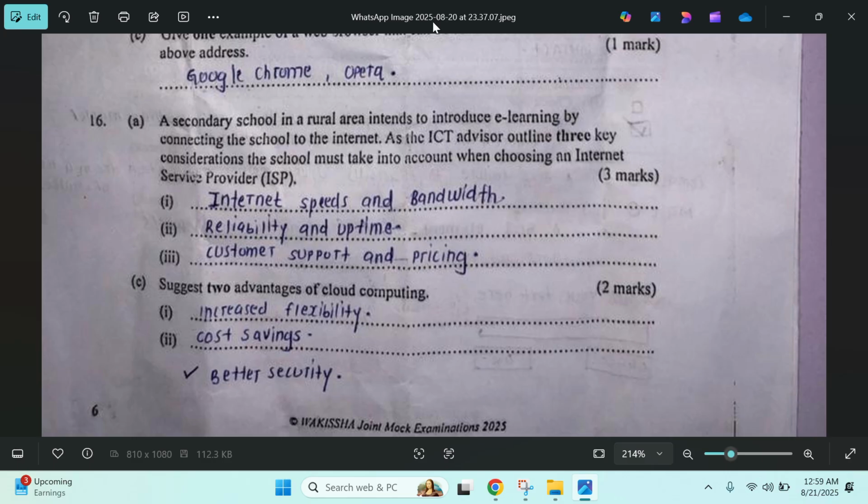In other words, the question wanted learners to give some of the factors you consider when choosing an internet service provider. An internet service provider is just a company that provides internet signals to individuals, or a group of people or a company.